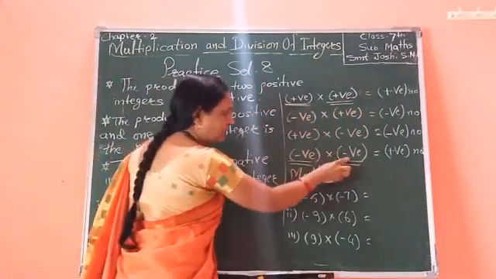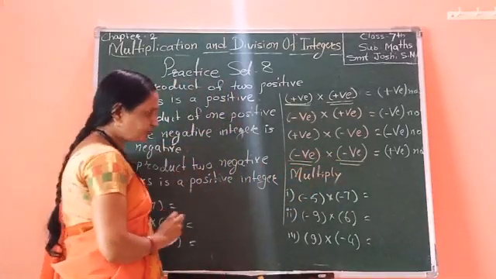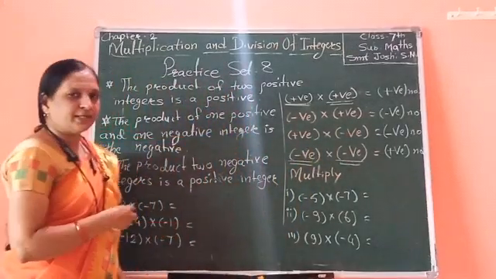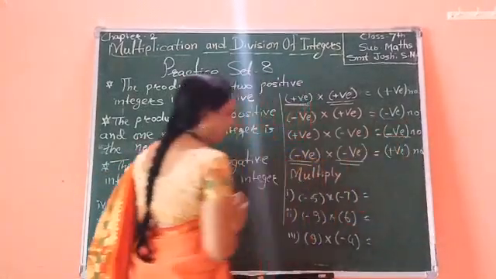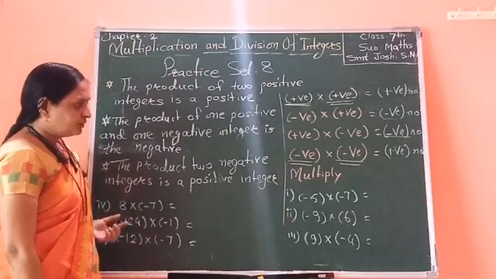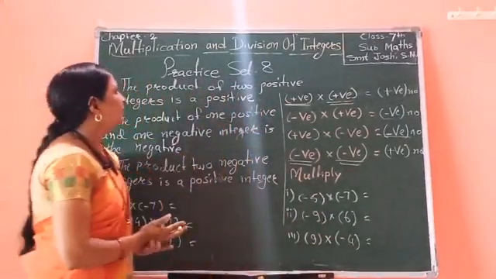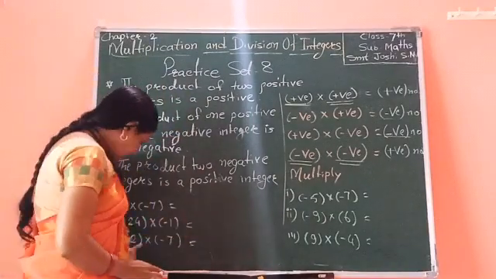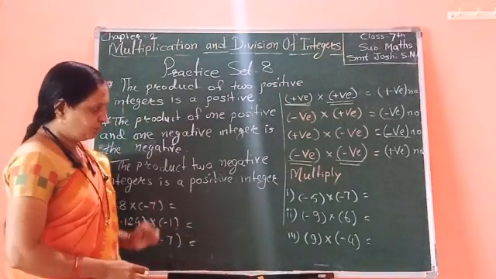When the given two numbers are negative, the product is positive. And if one number is positive, another number is negative, then the product is a negative number. Remember this, and we solve the examples in practice set 8. Here are 6 examples and the remaining examples you solve in your notebooks.